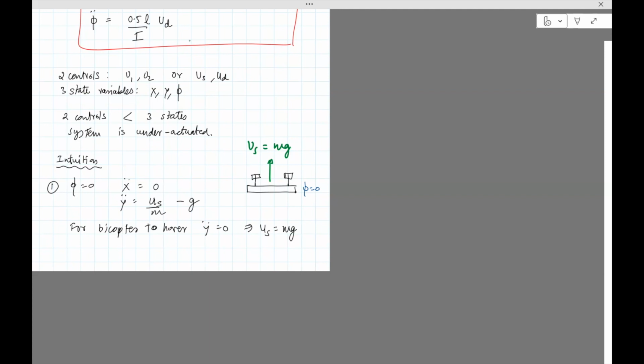So what it means is that for the bicopter, you need to keep spinning the motors in order to be balanced against gravity. There's a cost of hovering in the air, and that's why you'll see that these quadcopters have a charge time of like 15-20 minutes. Because of this, they cannot float in the air by themselves without using any power source.